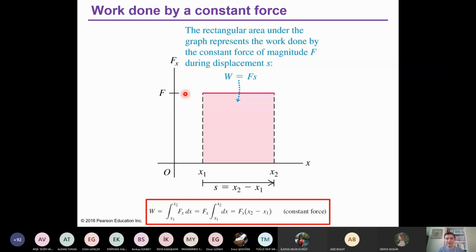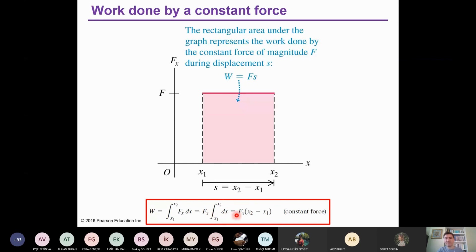Fx here is constant, so you can take constant numbers out of the integral, right? So now Fx is here. Then we have this integral, the integral from x1 to x2 of dx. This is x2 minus x1, the solution of this integral.